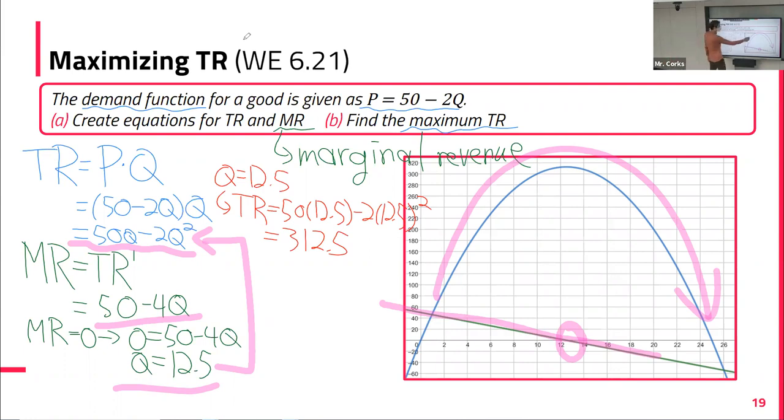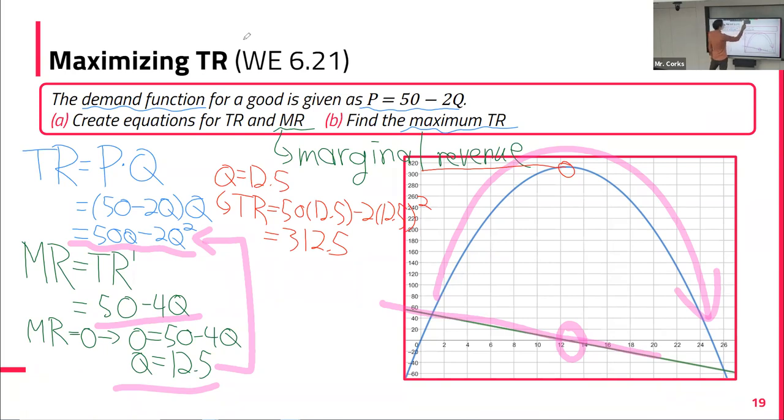And that looks about right given our graph. That maximum point seems like it lines up right about there. So we just use our derivative and we find first where the maximum is happening at Q equals 12.5, and then one more step to get the actual Y value of that point, the actual maximum total revenue.